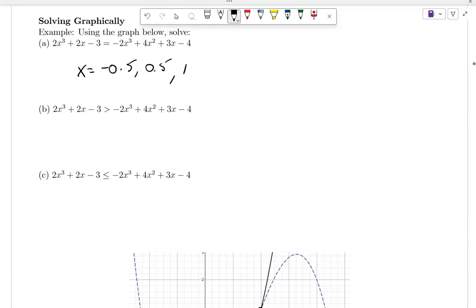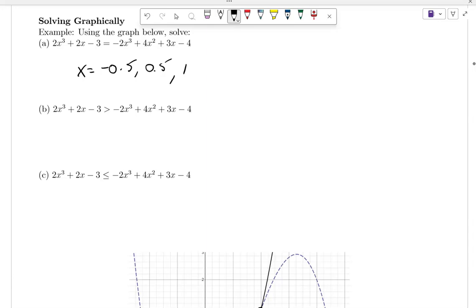So again, if it's looking graphically and it's asking you to solve the equation, it's just asking you for the x coordinate of the points where they actually cross. That's not too bad, right? You're just looking to see where they cross and picking out the x coordinate.